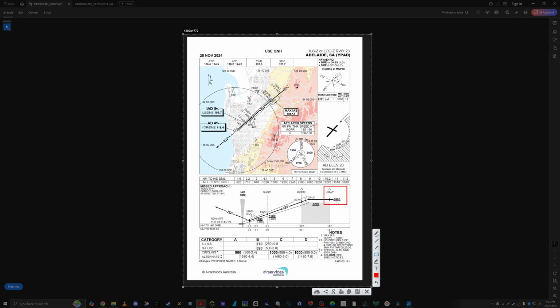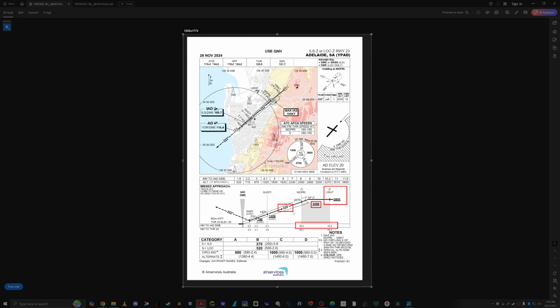That means that you should not be below 3,800. And then as you approach MOPRI, on a glide path between 10.2 and 14.2, you should not be below 3,200. And then as soon as you hit the glide slope, just before MOPRI, you should begin descent.